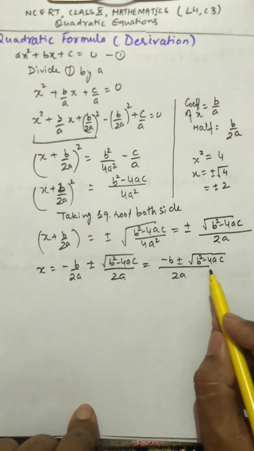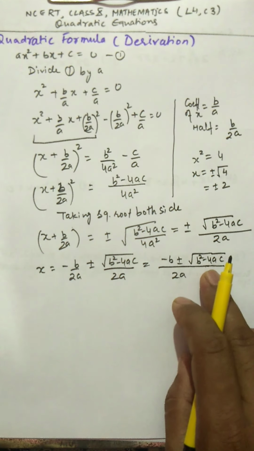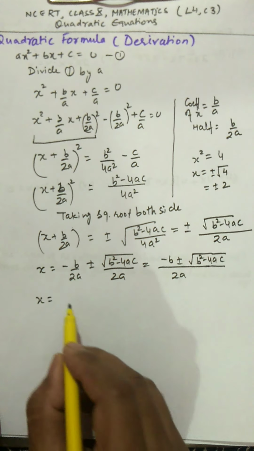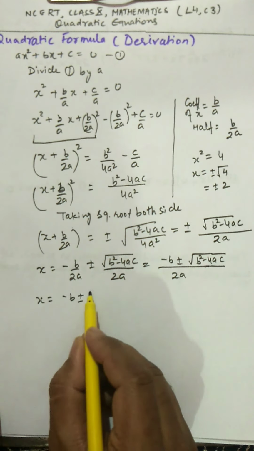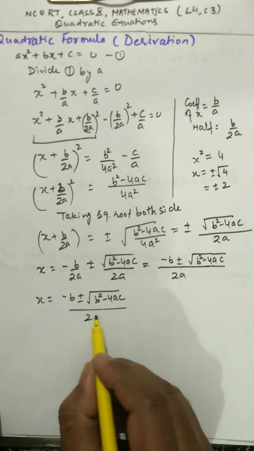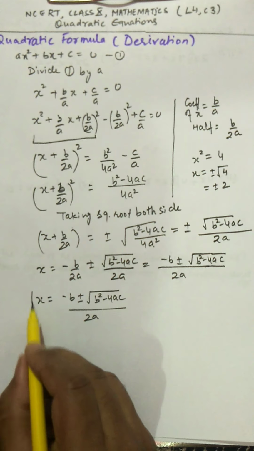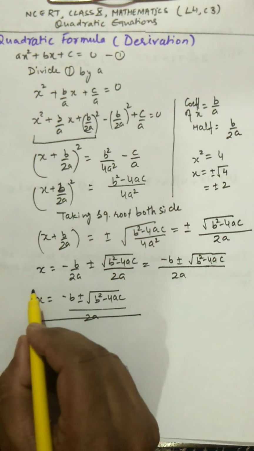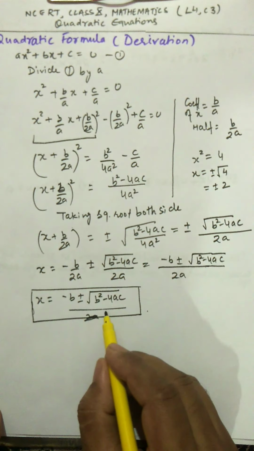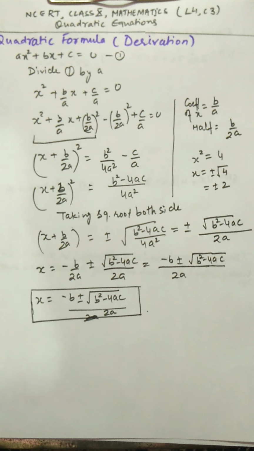So now this is your quadratic formula, or you can simply write x equal to minus b plus minus under root b square minus 4ac upon 2a. So this is going to be a very important formula. This is 2a, so I'm just writing this here again.